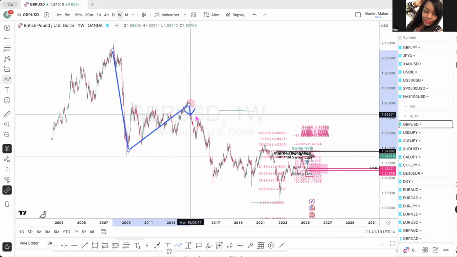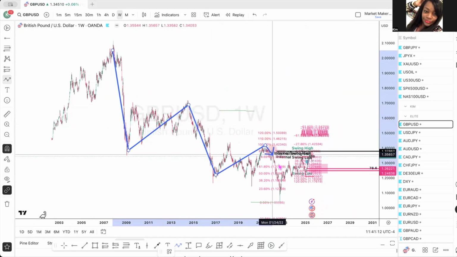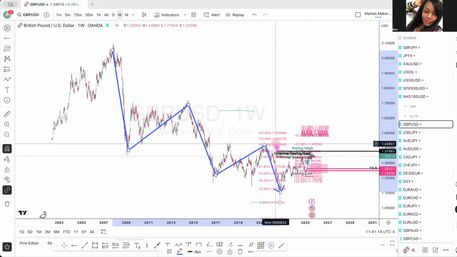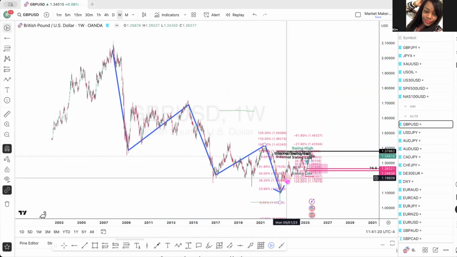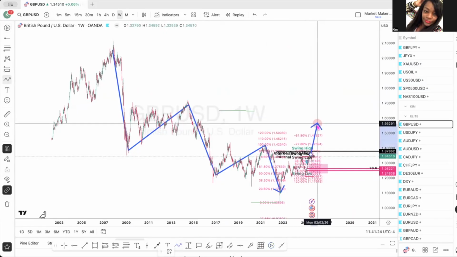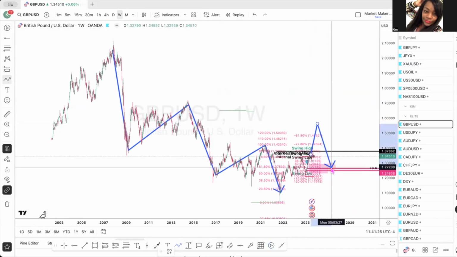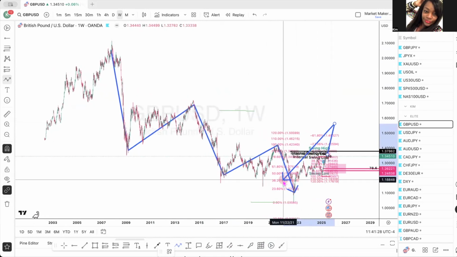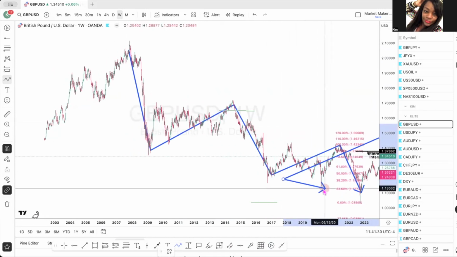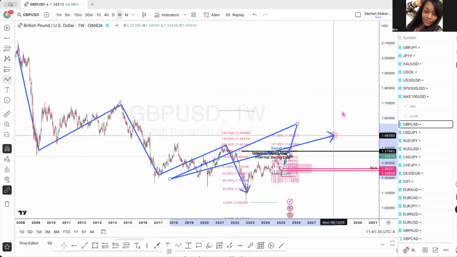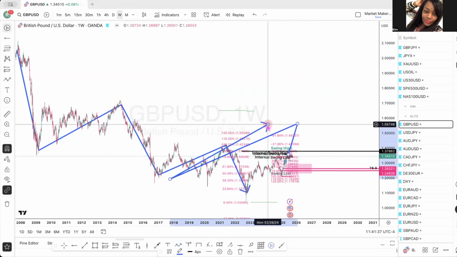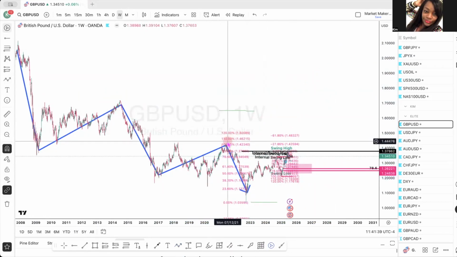This is one cycle, this is two cycle, and this is the third cycle. So I'm expecting price to break through these highs. I'm expecting price to blow through these highs, then maybe pull back to this demand zone here and then go higher. That's just my thought, okay?